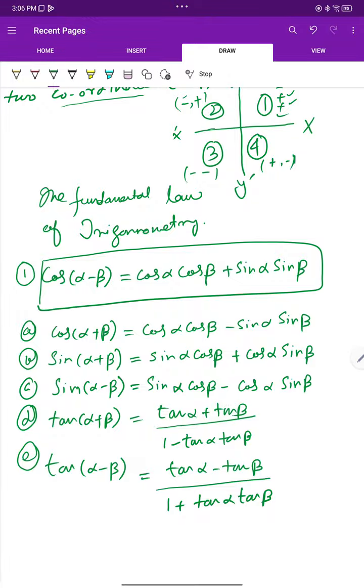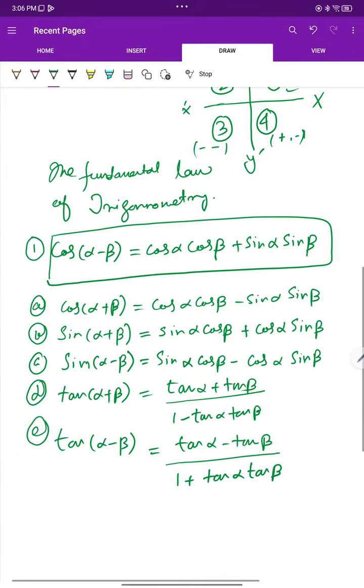So this is the angle, like we have two angles, alpha and beta. So this is the addition and subtraction of the trigonometric identities. We are going to use this a lot in derivation and integration. We can derive it just by adding in the basic fundamental law.